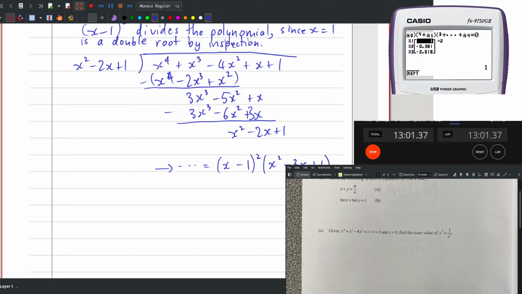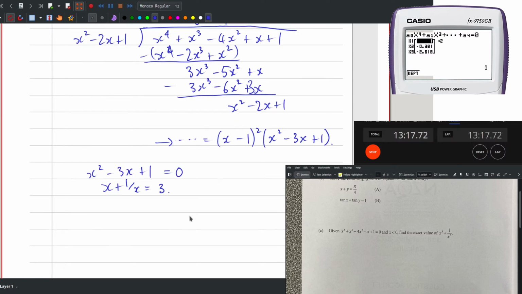And then I guess from here, right, because you know that x squared minus 3x plus 1 equals 0, then you know that x plus 1 on x equals 3, I think.